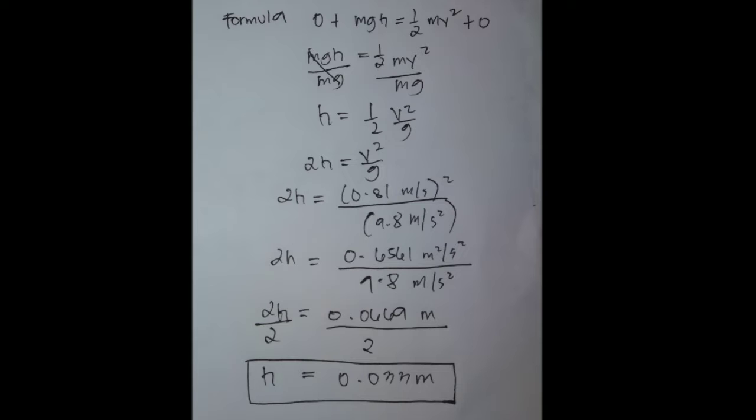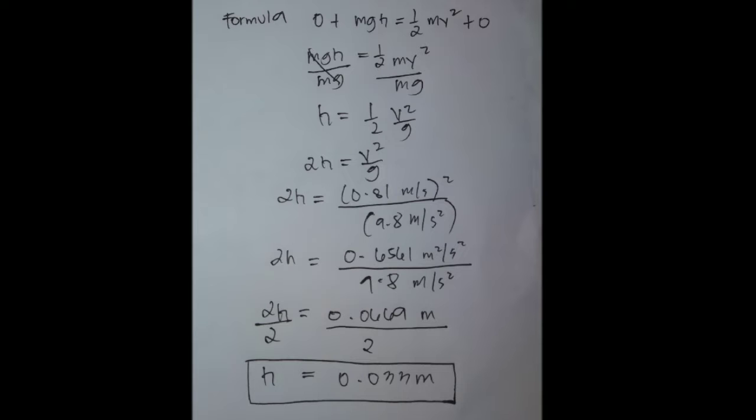So the left side becomes 2h and the right side becomes v squared over g. Therefore, through this formula, we can get the height that we are looking for.